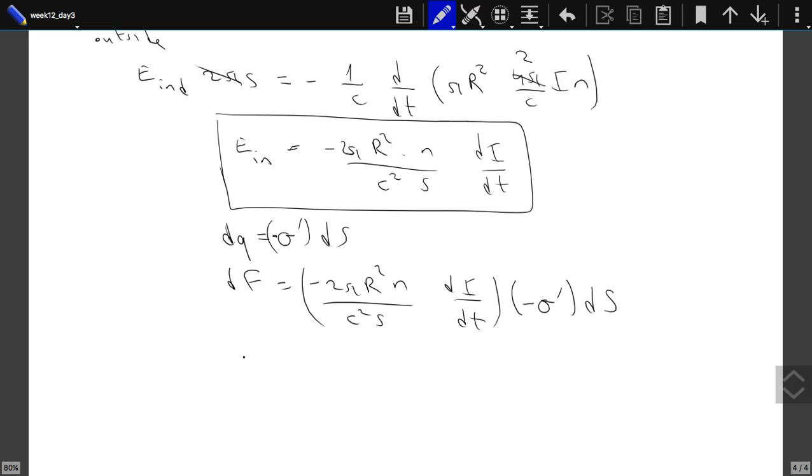This is the force acting on it. So the torque will be 2 pi r squared n over c squared. Well, the s is on the outer cylinder, it's b, times dI by dt times sigma prime, so this is d tau, times b.